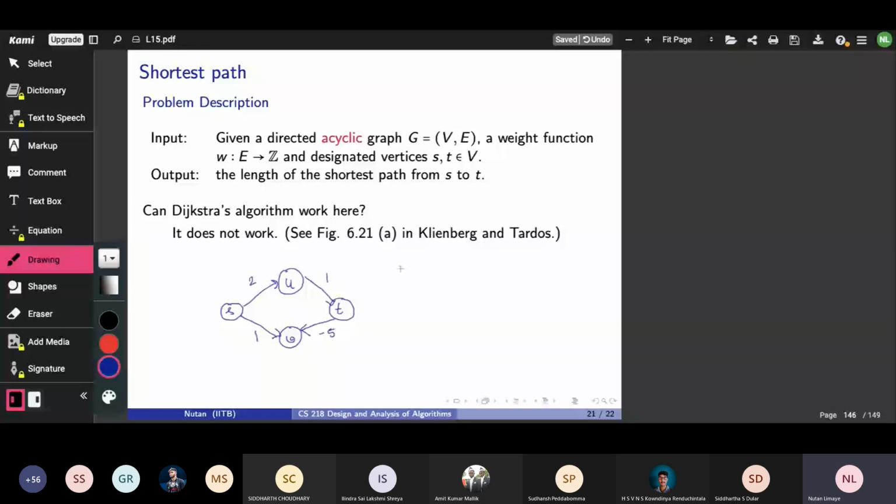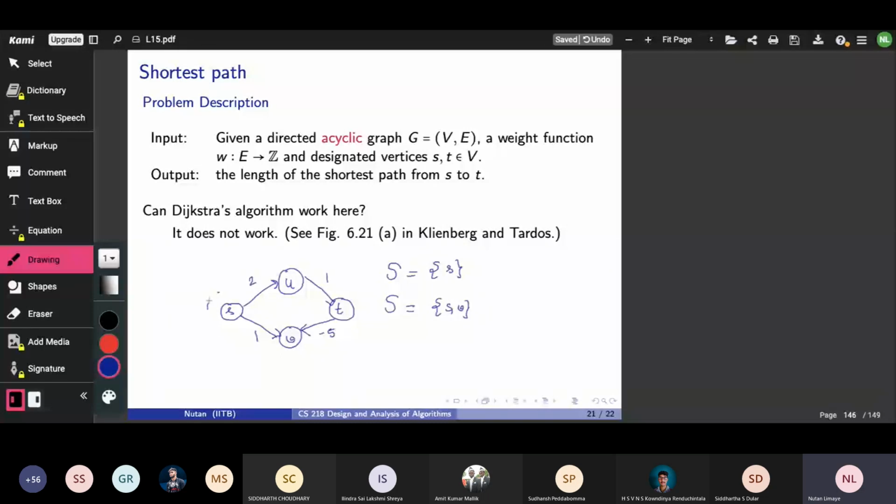It will try to build a set S. Initially, it will only contain the singleton element S, because the cost of going from S to S is 0. Now it will look at all the nodes that are adjacent to S. In this case, there are U and V. And now the minimum will be realized along the path that starts with the smallest weight edge. So then my S will get updated in the next round to S comma V, and the minimum cost.